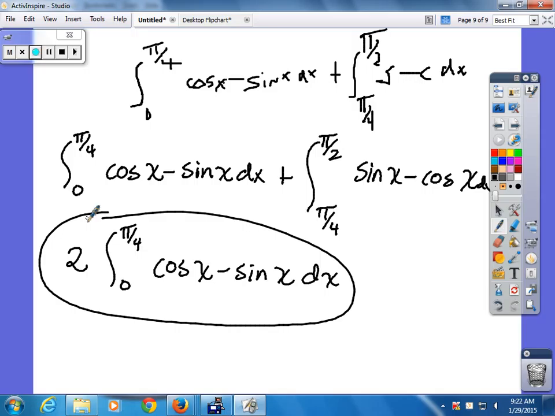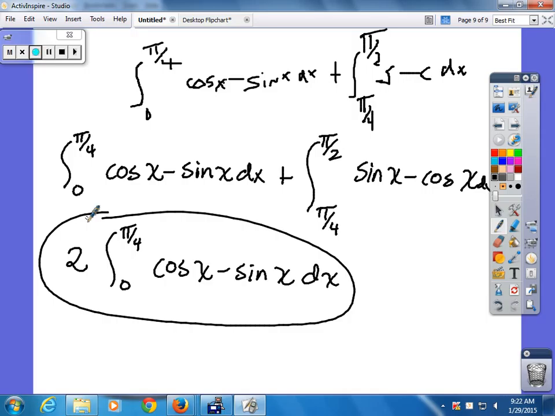Okay, so what's the antiderivative of cosine? Negative sine, isn't it? And what's the antiderivative of sine? I thought the antiderivative of cosine is negative sine, or I get them mixed up. Yeah, the antiderivative of cosine is sine.